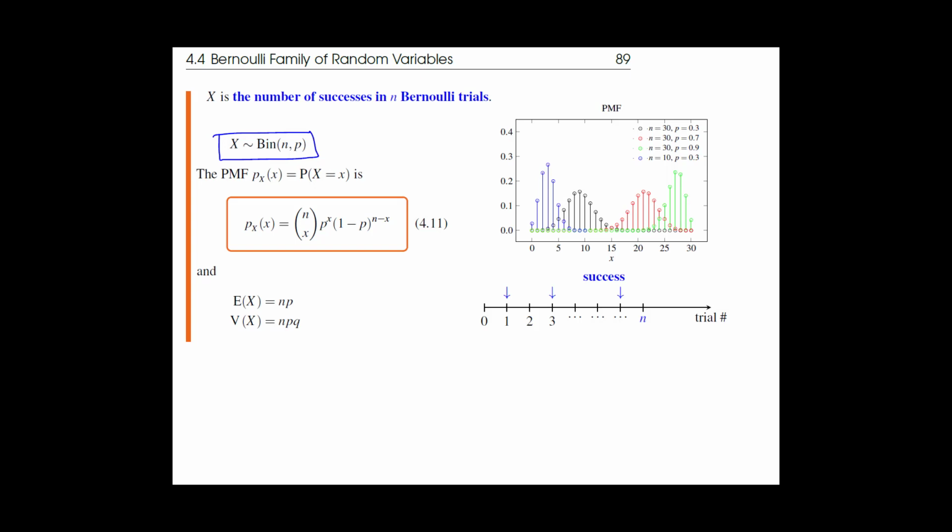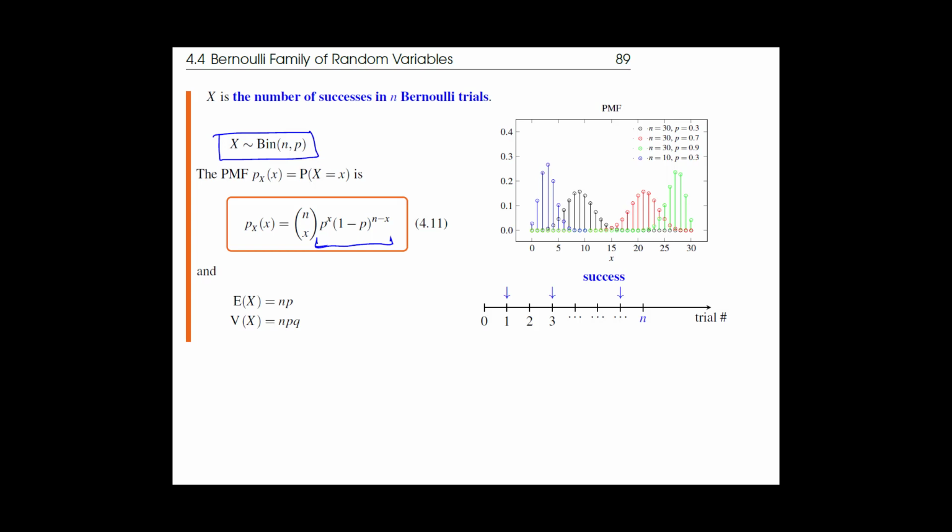So the probability to have X successes and n minus X failures is this one, p to the X times 1 minus p to the n minus X, right? That's having X successes, because they have probability p, and then n minus X failures, right?